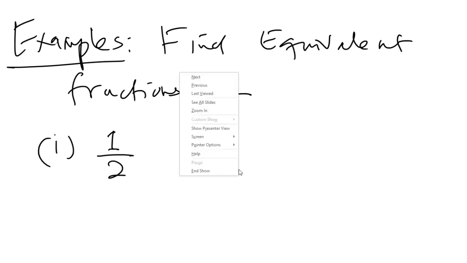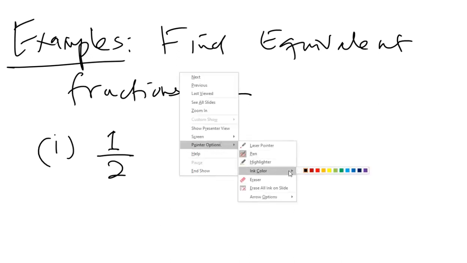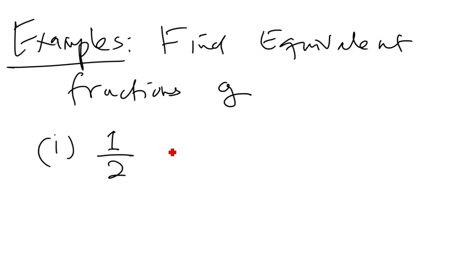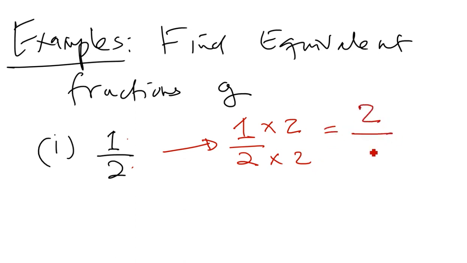If you want to get the equivalent of a fraction, you just have to do one thing. Pick any number, then multiply up here and down here. For example, this is 1/2. Pick any number. I'm going to pick 2. Times 2, times 2. What is the answer here? 2 over 4. You see, this is an equivalent fraction of this one.